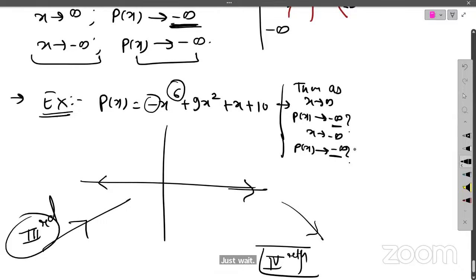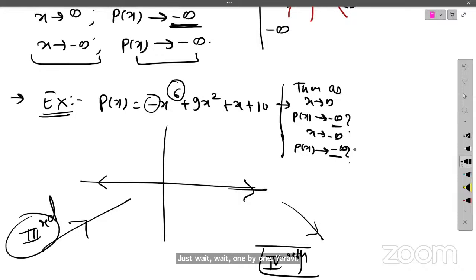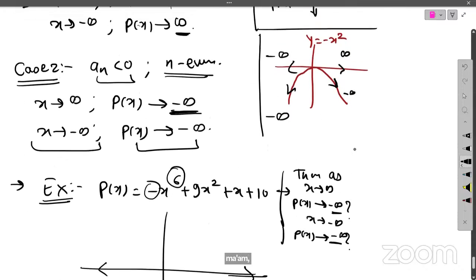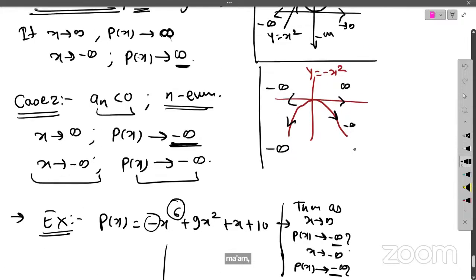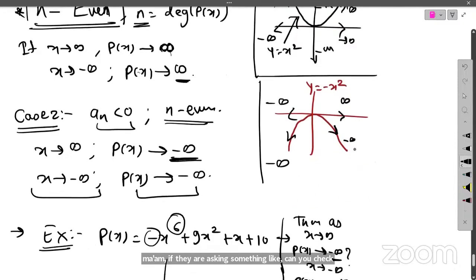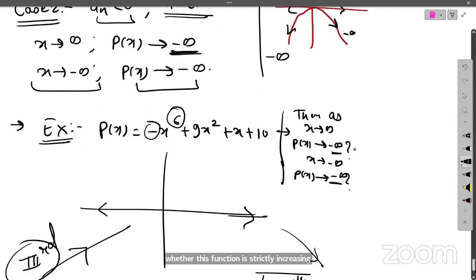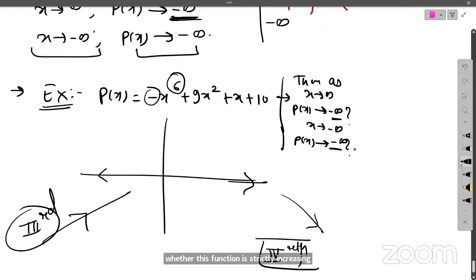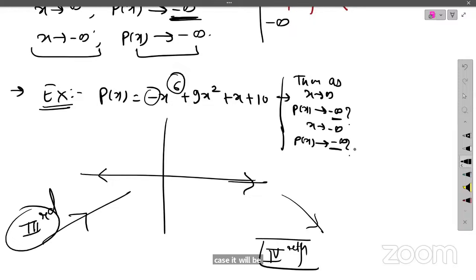Yeah, Ravi. Ma'am, in this equation, if they ask something like, can you check whether this function is strictly increasing in (4, infinity), then as you mentioned, I have to substitute x equal to plus infinity, so in this case it will be minus, and depending on that I choose the answer, right, ma'am?